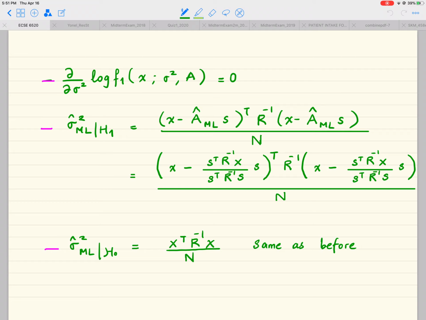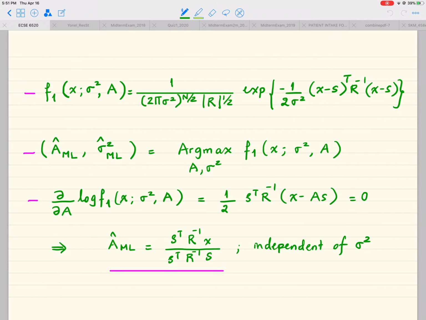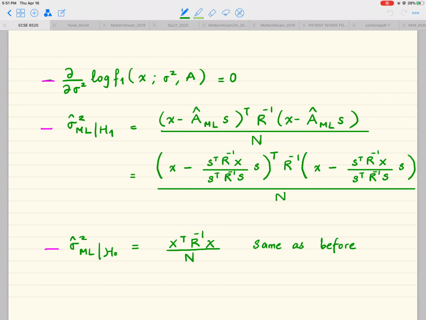So we plug in the estimate for A, take the log and set the derivative equal to 0, and that gives us this sample variance estimate, and we have the estimate of A inserted here. Under the null hypothesis, we have the same estimate as before.